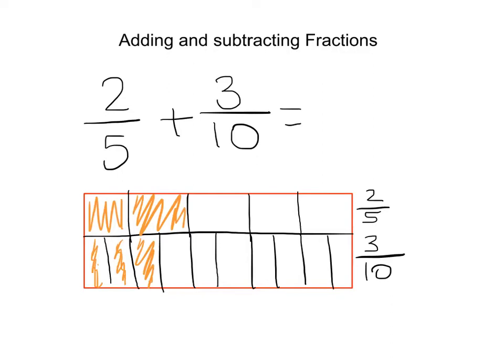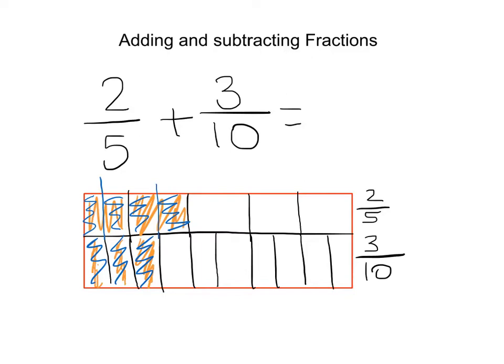Remember we have to be dealing in the same denominators, so 2 of those fifths equal 4 of the tenths. So it would be like saying 1, 2, 3, 4, 5, 6, 7. So what I can see is that these equal 7/10.